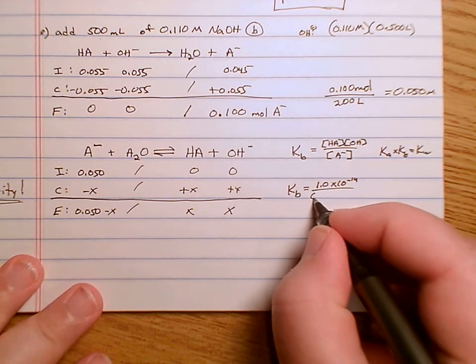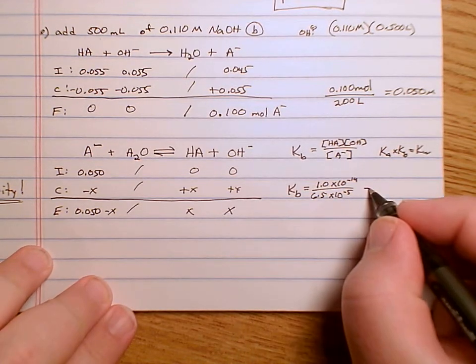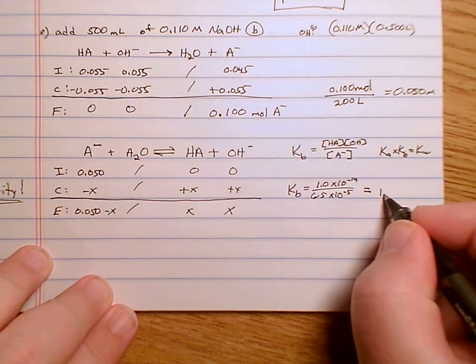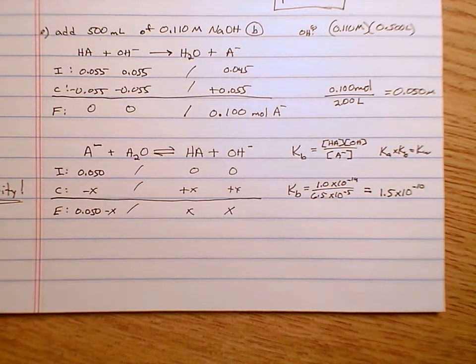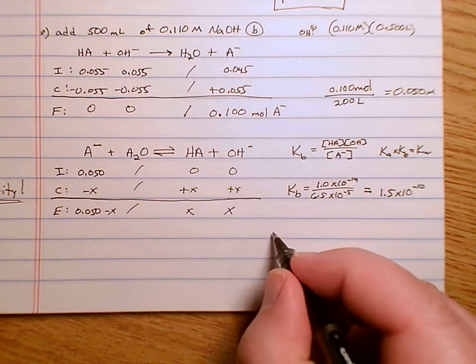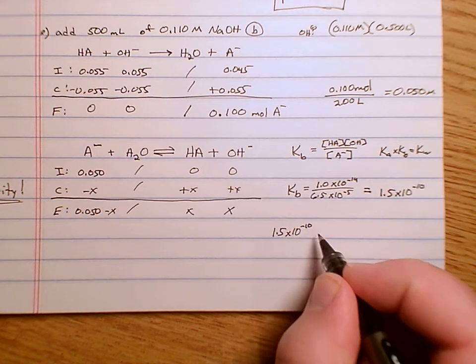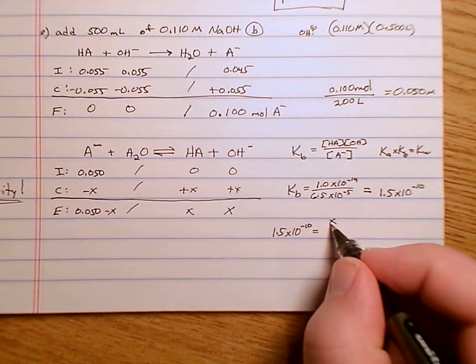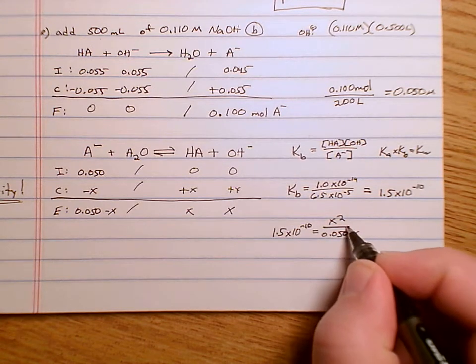That was 6.5 times 10 to the minus 5th. So our Kb is going to equal 1.5 times 10 to the minus 10. So plugging all that in now, 1.5 times 10 to the minus 10, Kb, will equal x squared over 0.050 minus x.